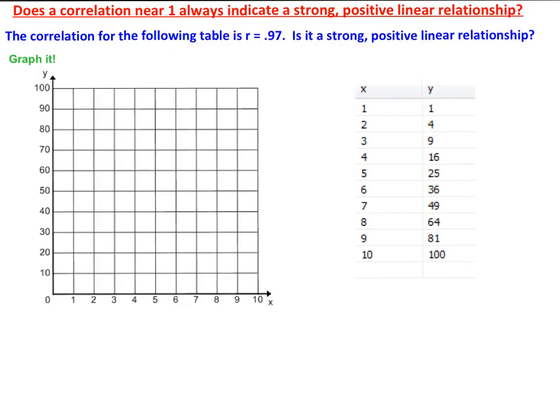All right, last thing here is don't get too into R by itself. We'll see in the next section that we have to add a little bit to it because it can be a very misleading number. I'm plotting some data here.